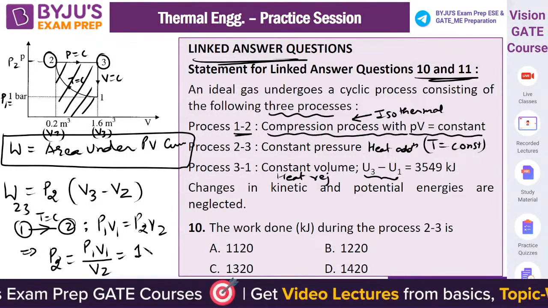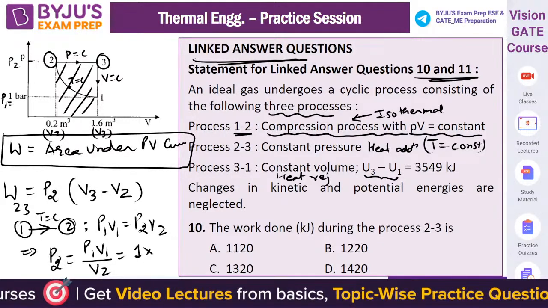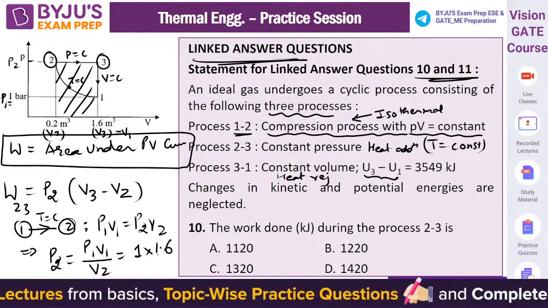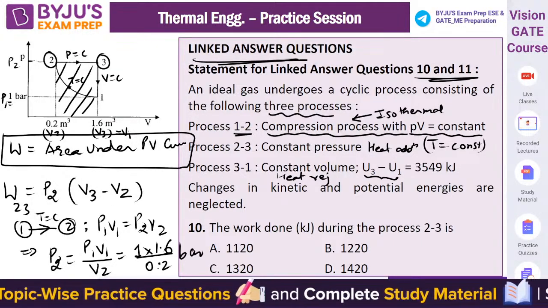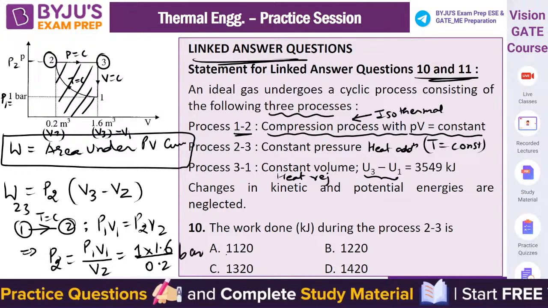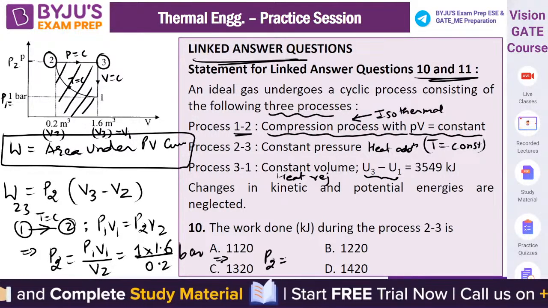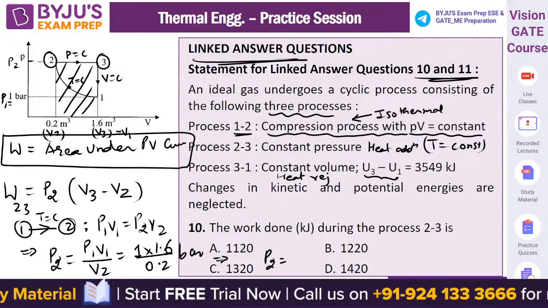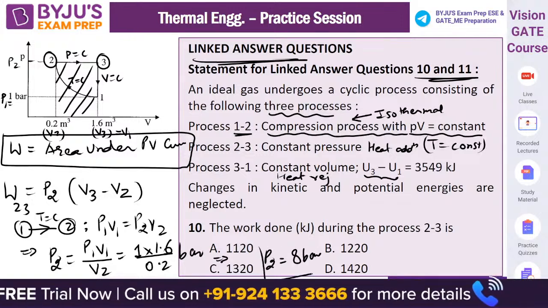That is 1 bar into V1. V1 is equal to V3, that is 1.6 upon V2, that is 0.2. What is the value of P2? The value of P2 will be 1.6 divided by 0.2, 8 bar. The value of P2 will be 8 bar.